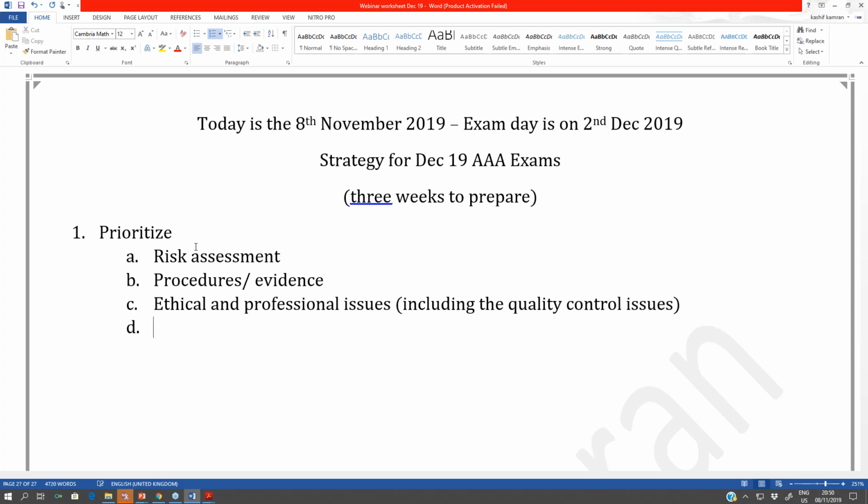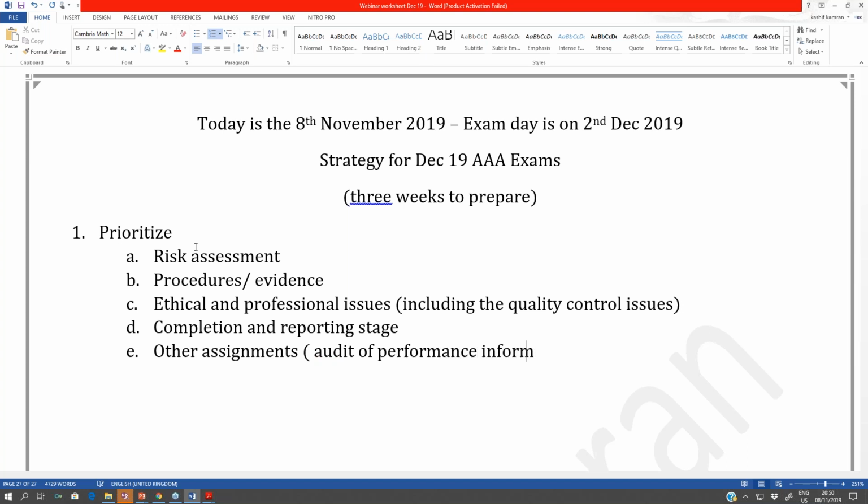Your priorities have to be completion and reporting stage. Your priorities have to be other assignments, and primarily the audit of performance information, or primarily the review of prospective financial information as more important ones.